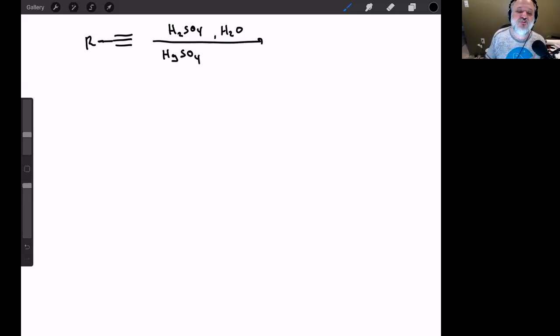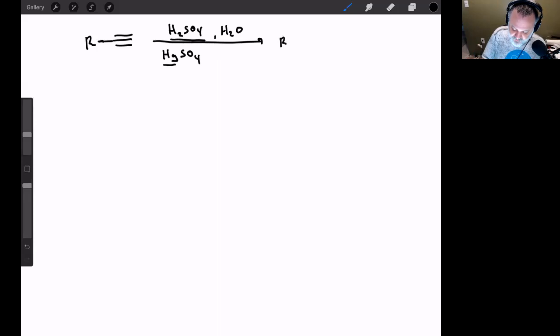But just like oxymercuration-demercuration and acid catalyzed hydration of alkenes, which are both Markovnikov additions of water, you have mercury and acid to remind you of those two alkene reactions. When it comes to an alkyne, we're essentially doing a Markovnikov addition of water.